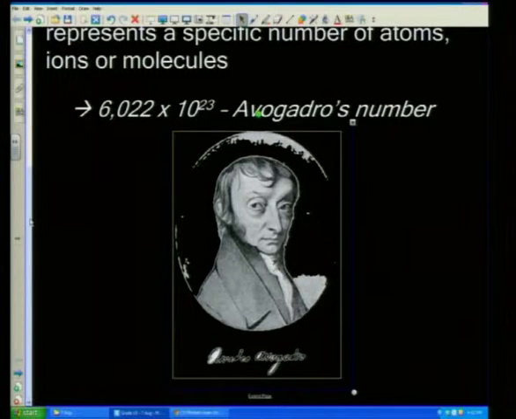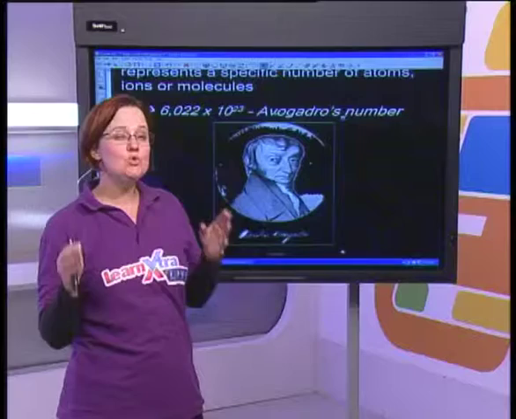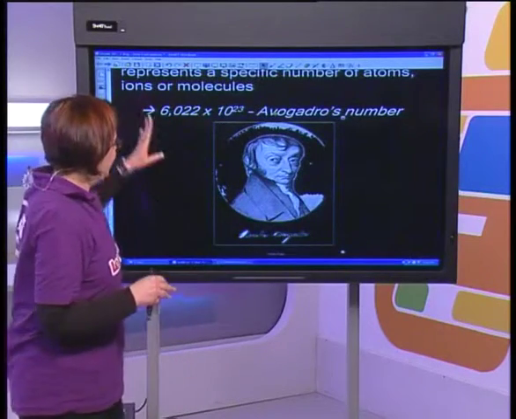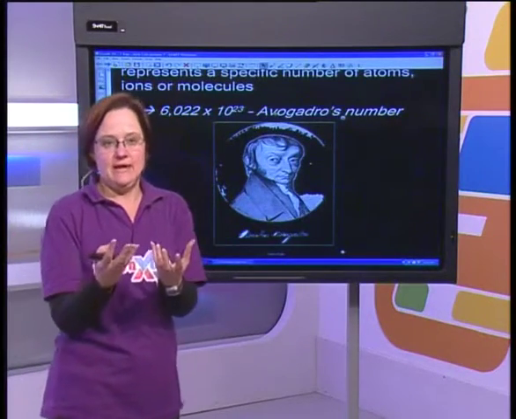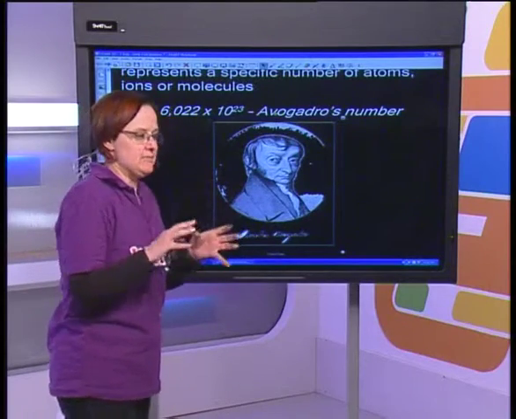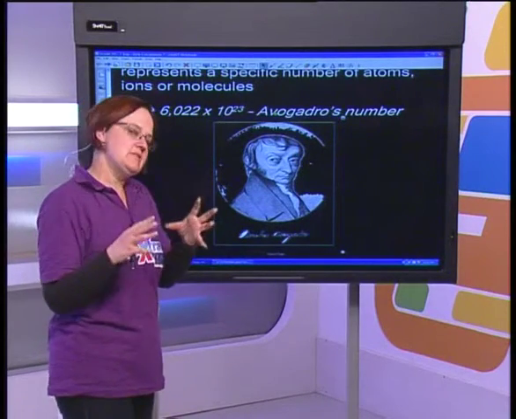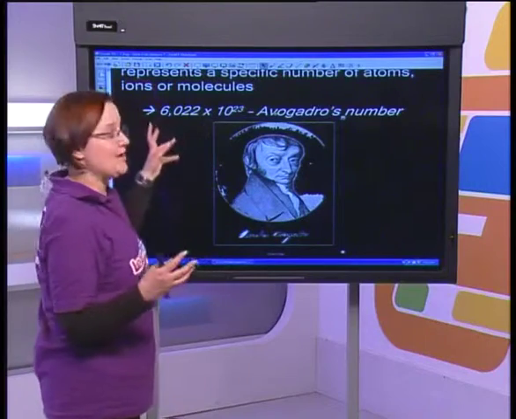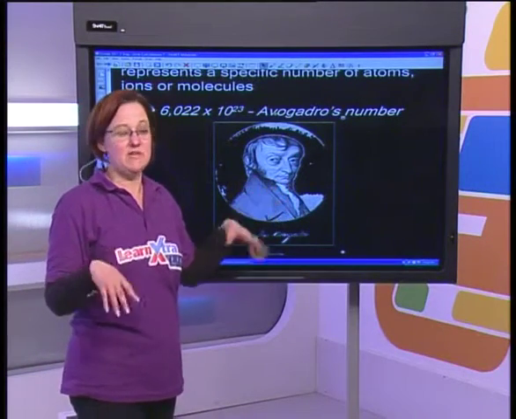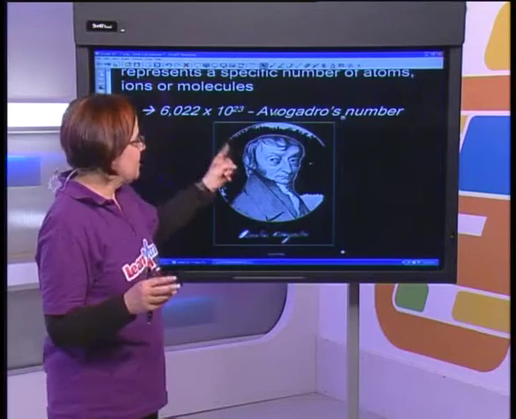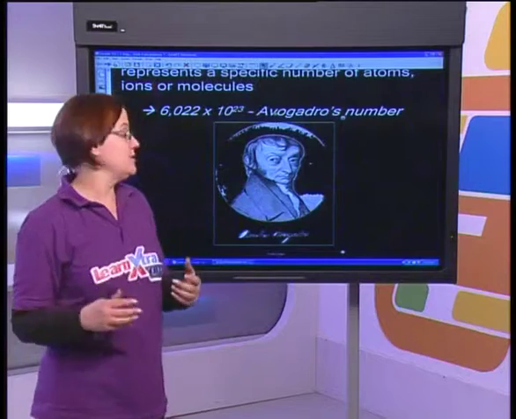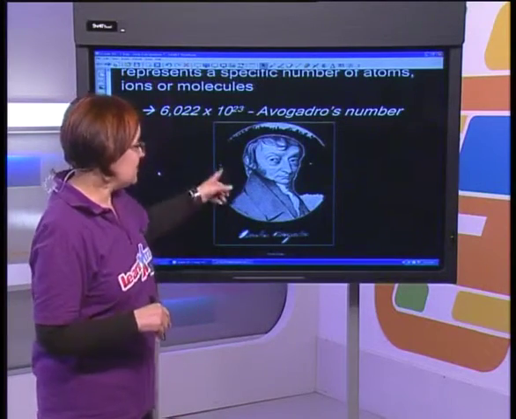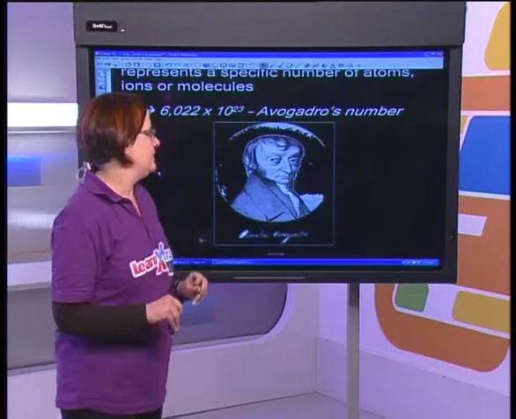He first realized in 1811, about 200 years ago, that this number needed to exist, that there was a relationship between the mass of atoms and the number of atoms in a certain quantity. He never quite got to 6.022 times 10 to the 23, didn't really have the equipment, but when they did find that number, they gave him the honor and named it after him. So it's known as Avogadro's number, even though he never really found it.